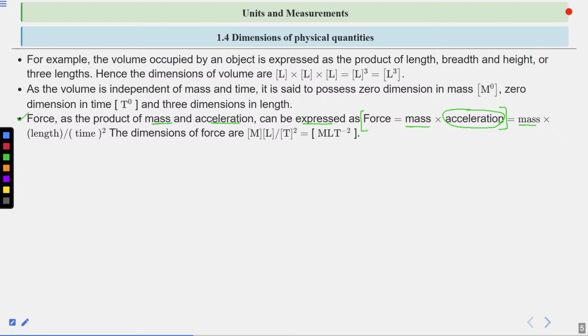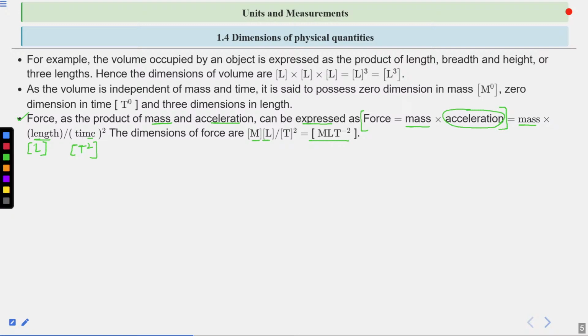So the dimensional formula of length is [L], and the dimensional formula of time is [T]. So time square means T square. So the dimensions of force are mass times length divided by time square, so it will be [M L T⁻²]. This is the dimensional formula of the force.